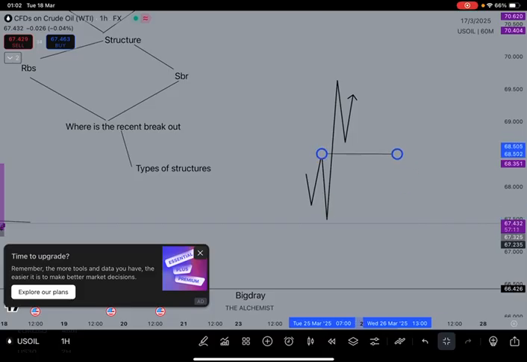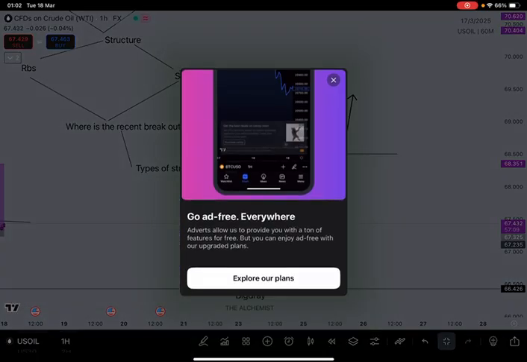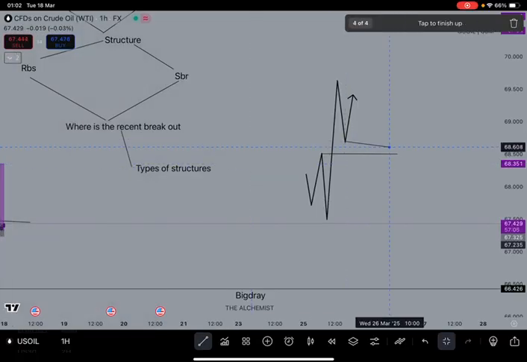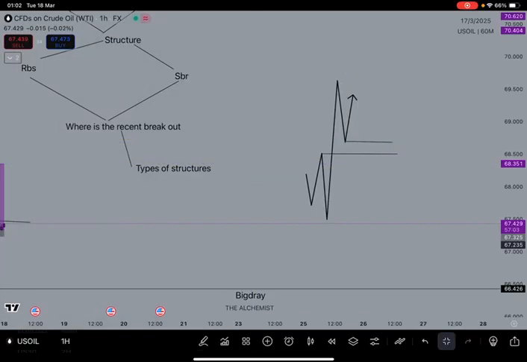So now the resistance has become a support. Why? There's a liquidity here. And you take your entry right here. This is how to take an RBS.